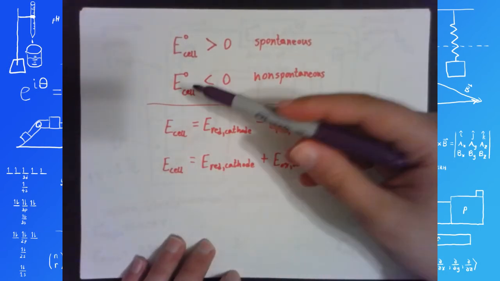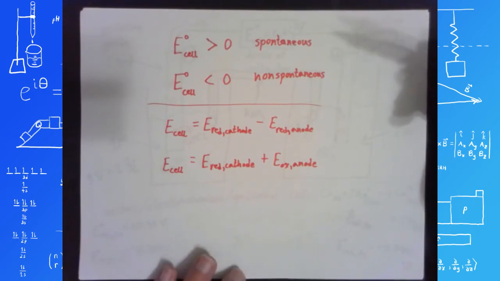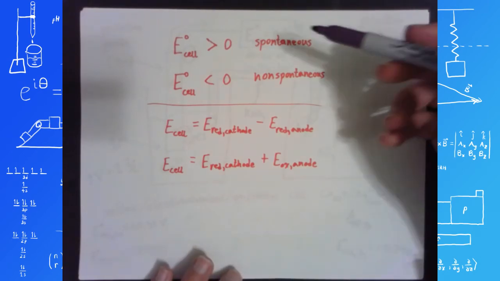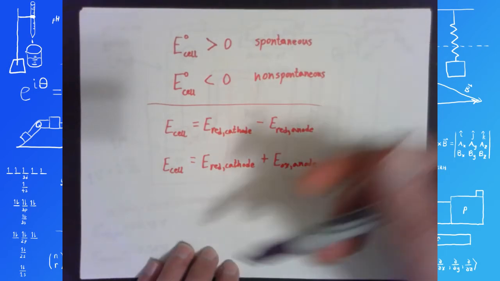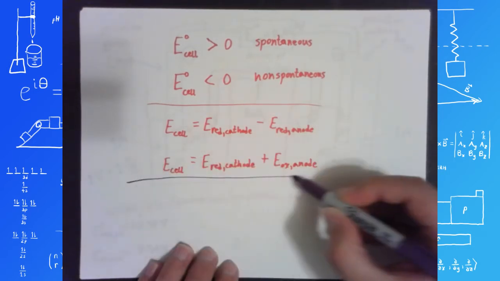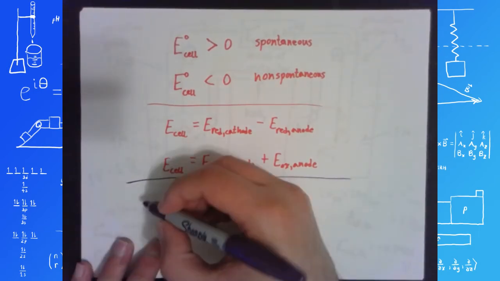Okay, so positive cell potentials are associated with a spontaneous process. In that case, a positive cell potential should correspond to a negative delta G, should correspond to a negative free energy change. And it does.